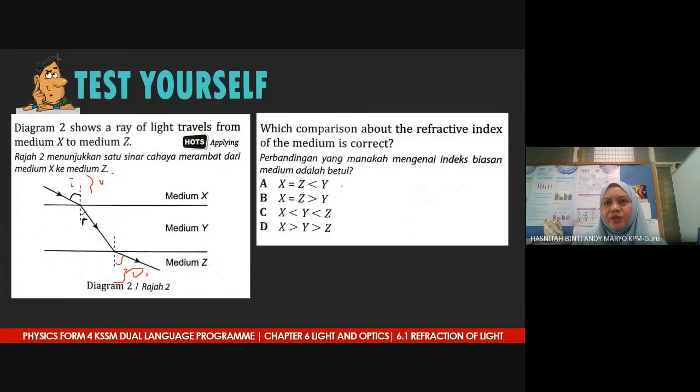So can you choose which one you think is the correct answer? Is it A, X equal to Z, then less than Y, or B, X equal to Z, then greater than Y, or C, X less than Y, less than Z, or D, X greater than Y, greater than Z?